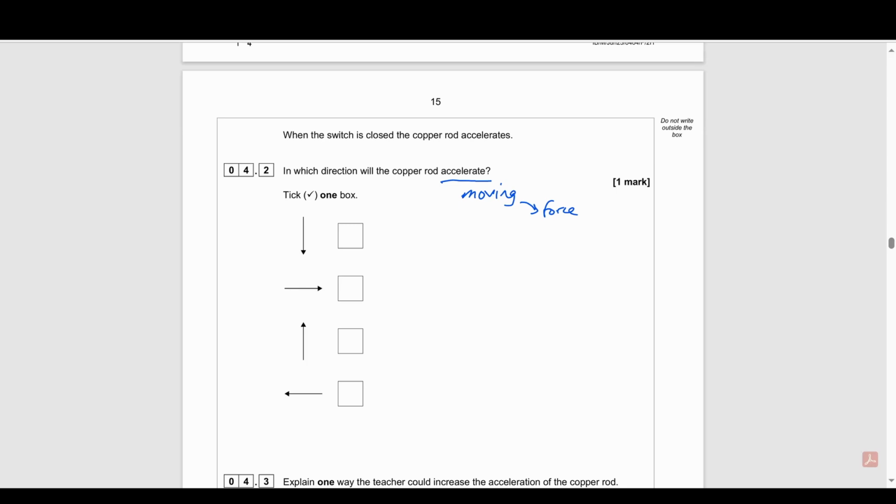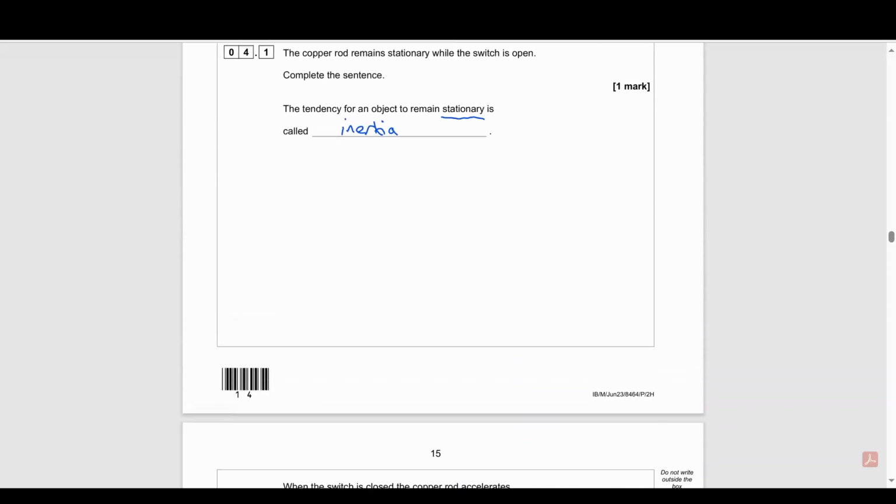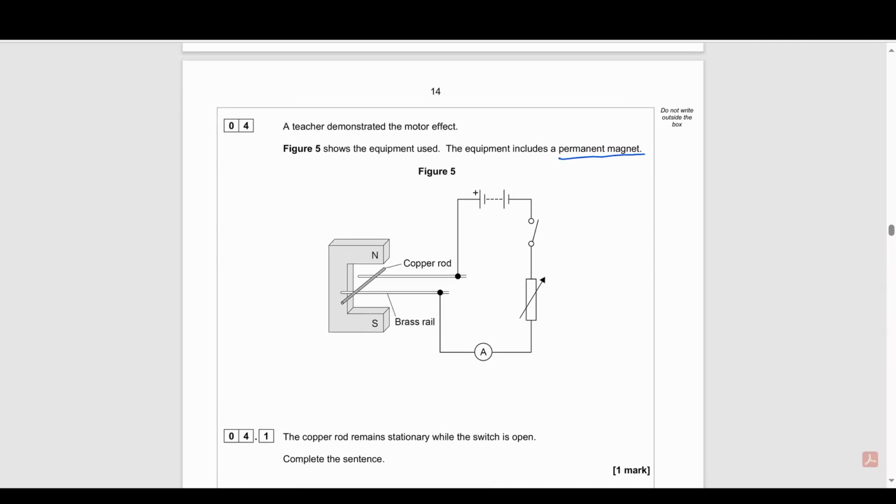So now if we're trying to identify the direction at which the force is acting, that means that we are dealing with Fleming's left-hand rule. So we have to go back to our diagram to do that. The other way that we know that it's dealing with the left-hand rule is because it says that it's demonstrating the motor effect.